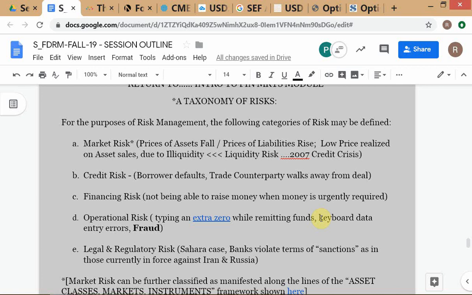So any time you have a commercial transaction with somebody and the other guy on the other side of the contract fails to pay, it may be due to unwillingness to pay. When we are talking about failure to pay, it could usually be due to either ability to pay or willingness to pay. Sometimes you have this term in India called willful defaulter.